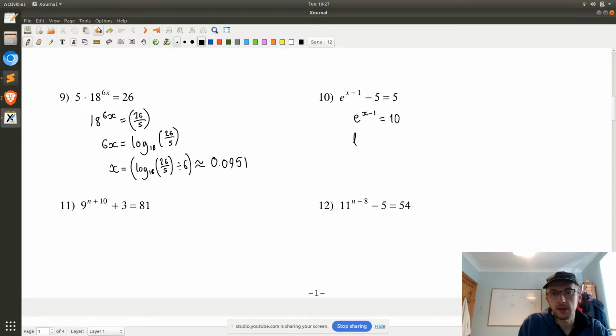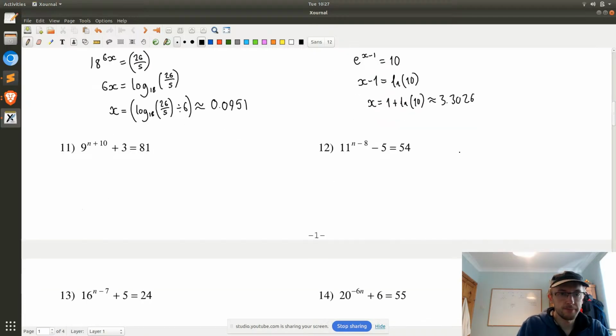But you should keep them on the same side. So that's 3.3026. That's what I believe anyway.